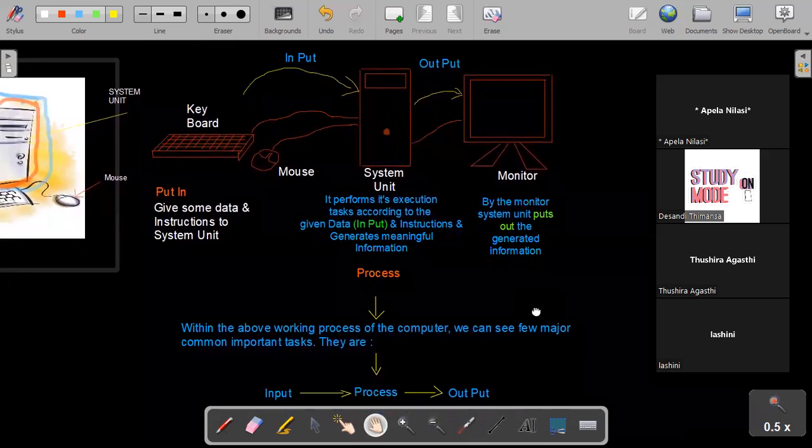Is it clear to you all, children? Yes, sir. Okay, very good. Right. Now, have you all written down the next topic, the working process of the computer? Yes, sir.